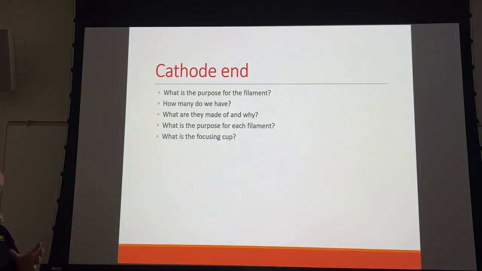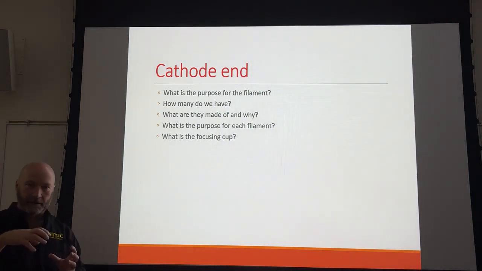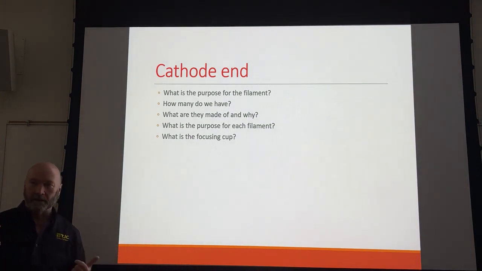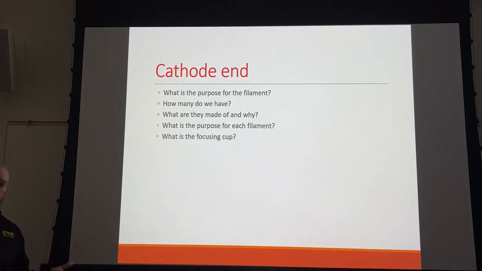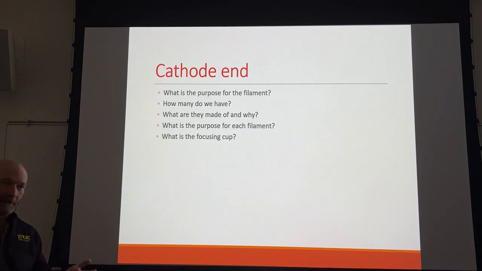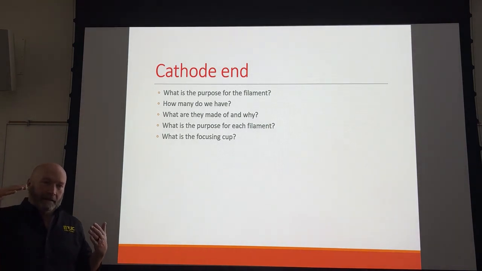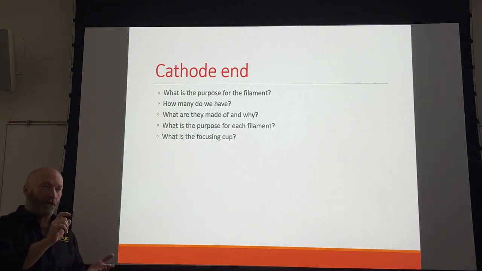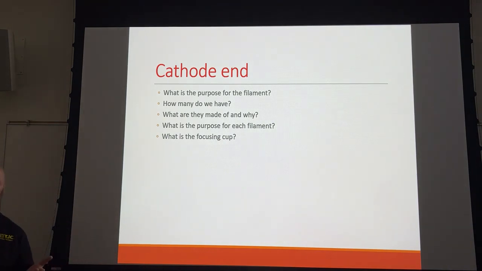So if you put all those electrons on a filament, they're going to have a tendency to push away from each other. So the purpose for the focusing cup is to compress the electron cloud, the thermionic emissions, kind of pack them in so that they don't get too broad, so that when we make an exposure, it sends the electrons across the tube and hopefully hits the focal track, okay?